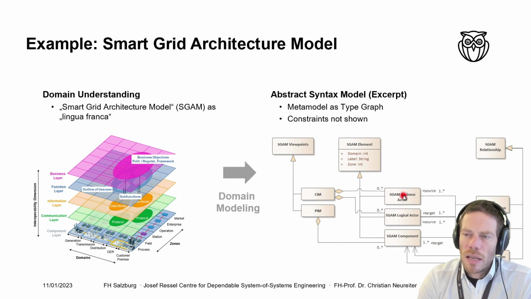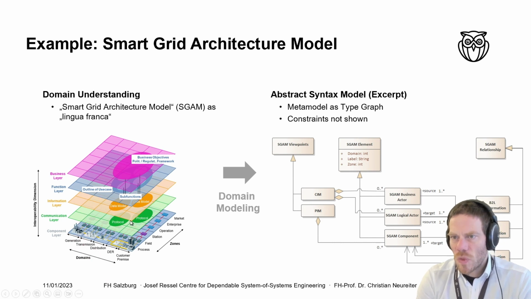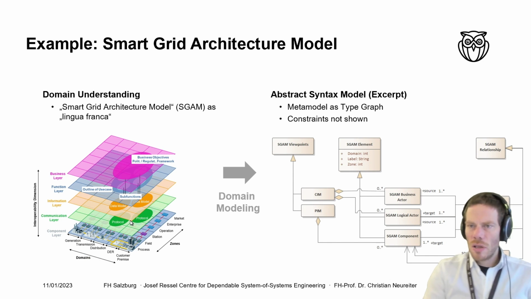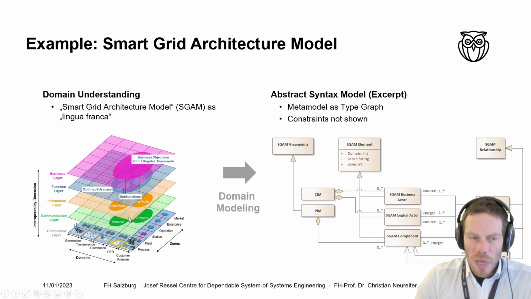We identified different modeling elements like an SGAM business actor that takes place in the computational independent model, or an SGAM logical actor that also takes place in the computational independent model, or an SGAM component which is used in the platform independent model, which basically consists of the lower 3 layers of SGAM. This is just an illustration to demonstrate how the meta model as type graph is depicted to describe a language that we use for SGAM based modeling.